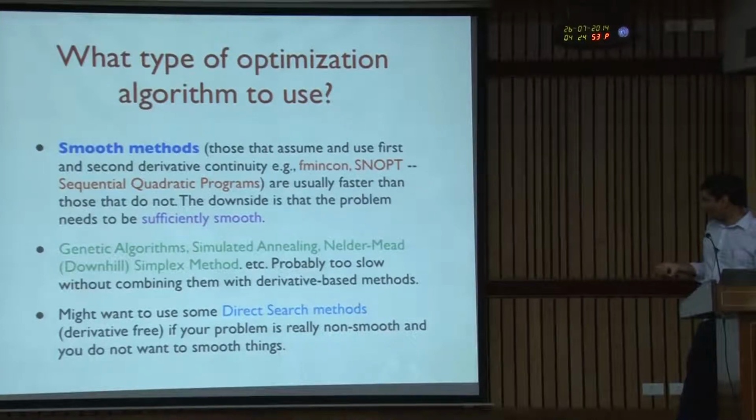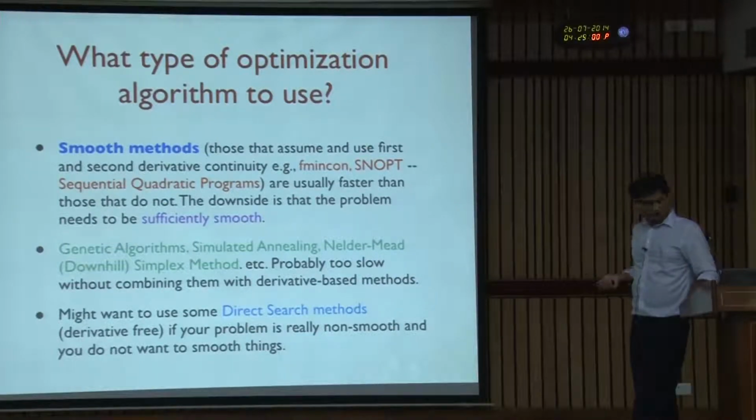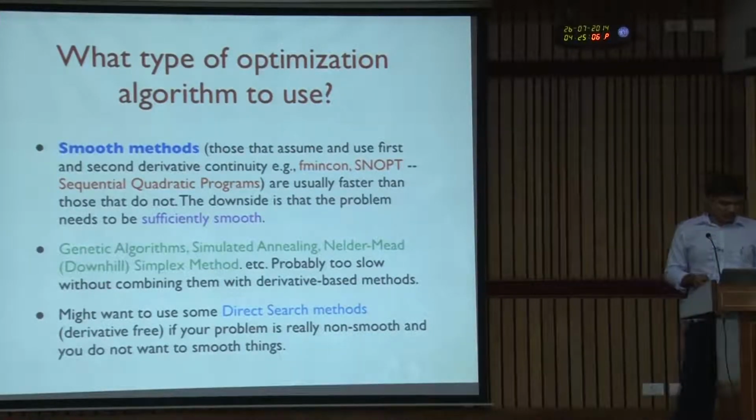I won't talk about those, but you can look it up. There is something else more recently that seemed to be popular, which I haven't written down here. It's called covariance matrix adaptation, which is sort of related to these methods, which for some reason the last couple of years has become popular in the computer science literature, which tries to do something reasonable for non-convex problems to find global minima.